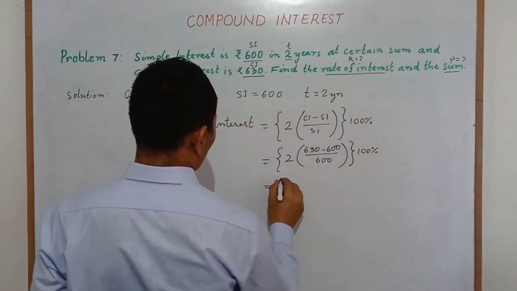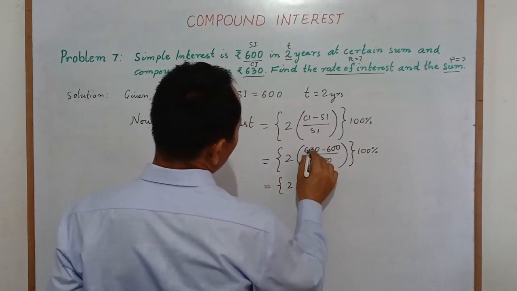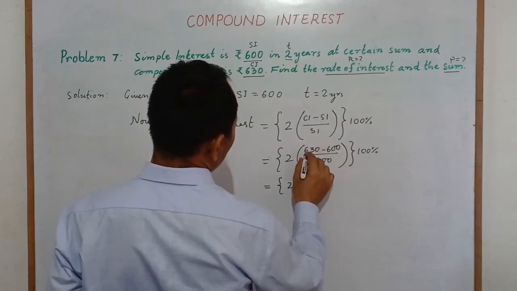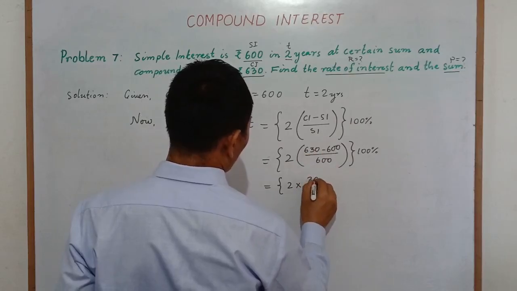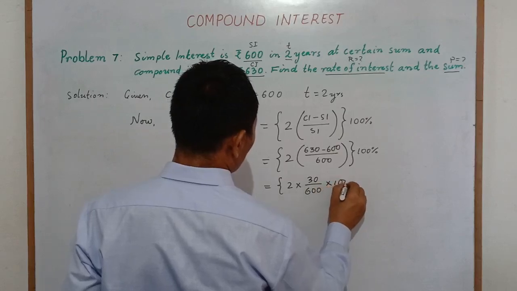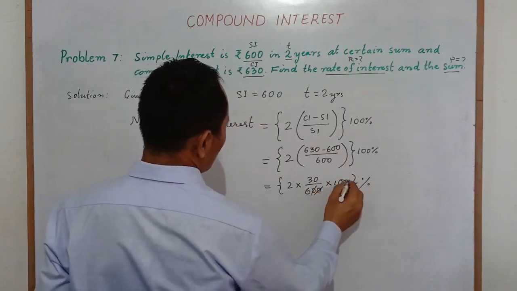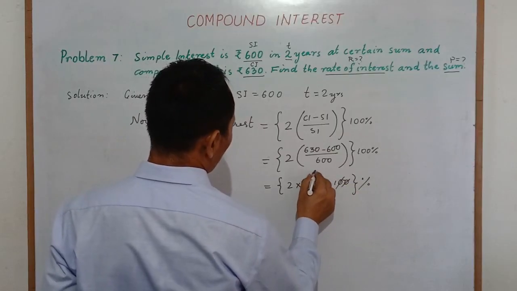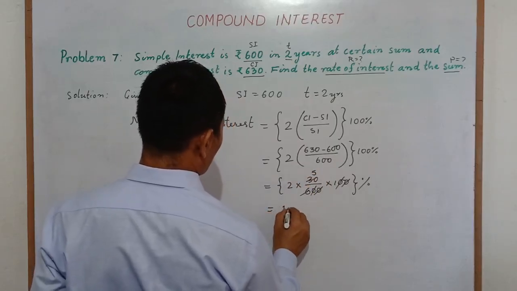That is 630 minus 600 is 30, divided by 600, into 100 percent, which is 5 into 2, so 10%.